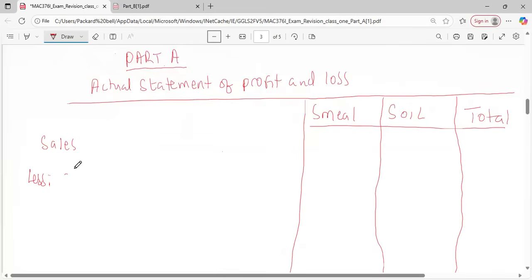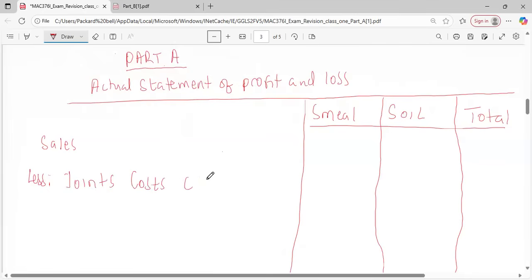There's further processing cost and distribution cost. And so in our first, we can less the joint cost to be allocated to joint products.